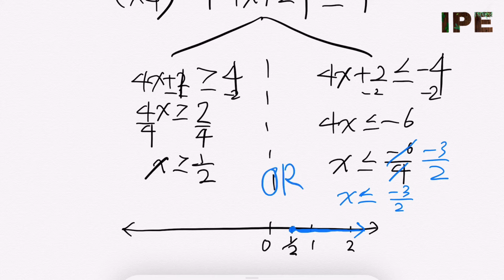Or x is less than or equal to negative 3 over 2. Negative 3 over 2 is between negative 1 and negative 2. Over here, negative 3 over 2. So the answer should be less than or equal to that number, including this number, all the way to the left side from negative 3 over 2. This is the answer of these inequalities.